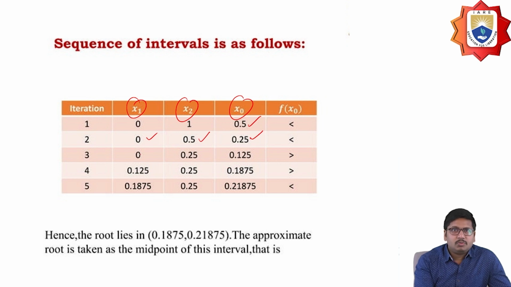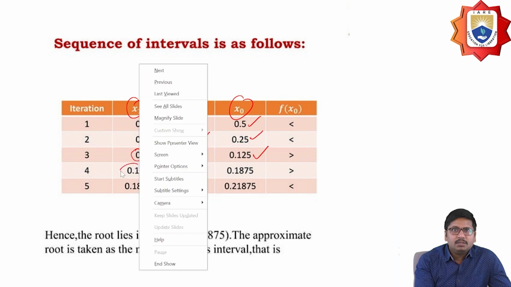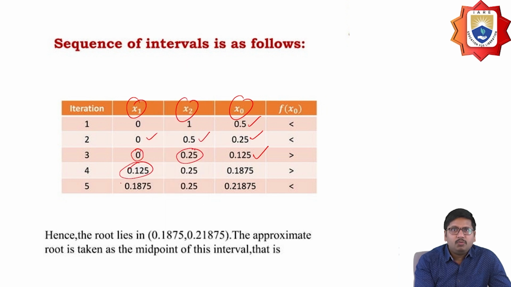Similarly, on repeating this process, x1 is 0 and x2 is 0.25, and I get the x0 value 0.125. Similarly, with x1 as 0.125 and x2 as 0.25, I get this value. Similarly, taking x1 as this one and x2 as 0.25, I get this value.